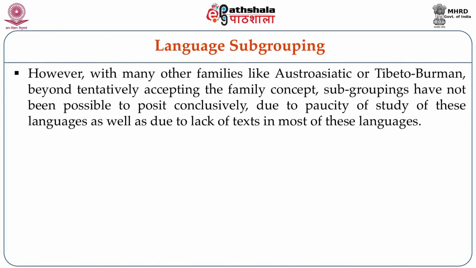However, with many other families like Austroasiatic or Tibeto-Burman, beyond tentatively accepting the family concept, subgroupings have not been possible to posit conclusively due to paucity of study of these languages as well as due to lack of text in most of these languages.